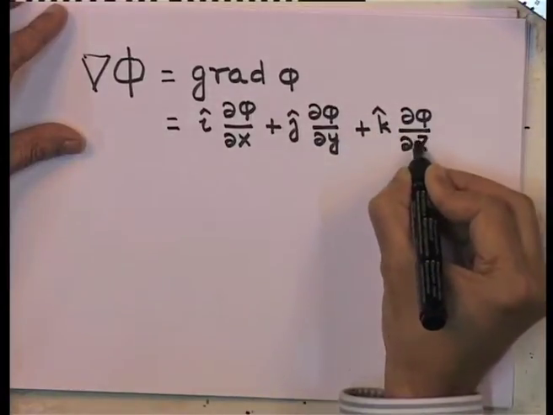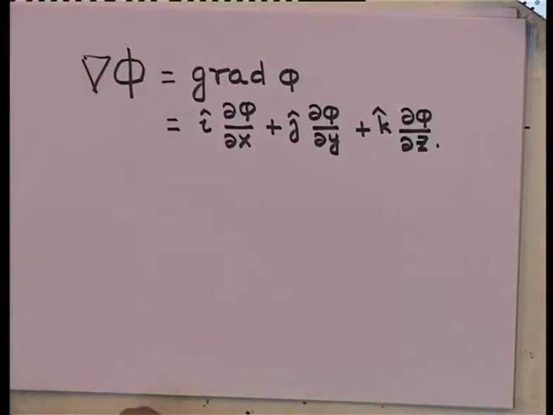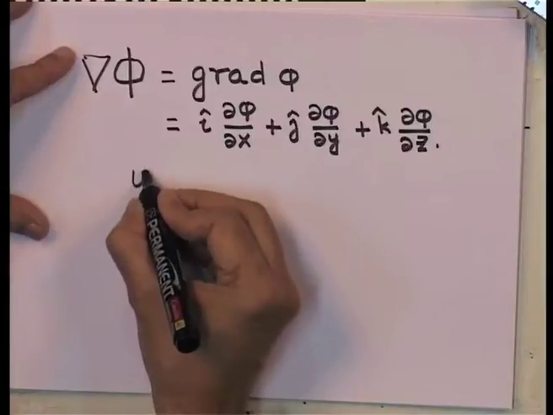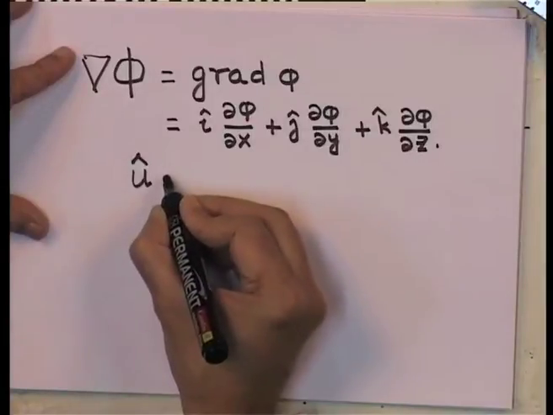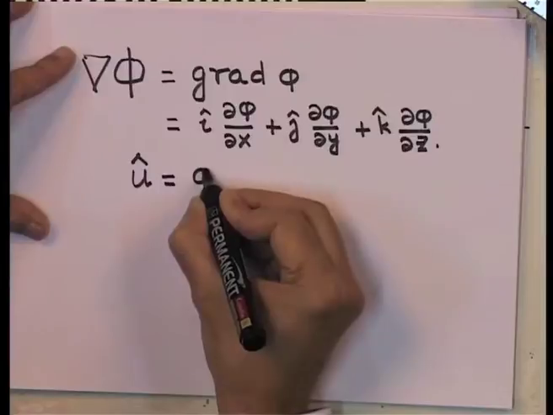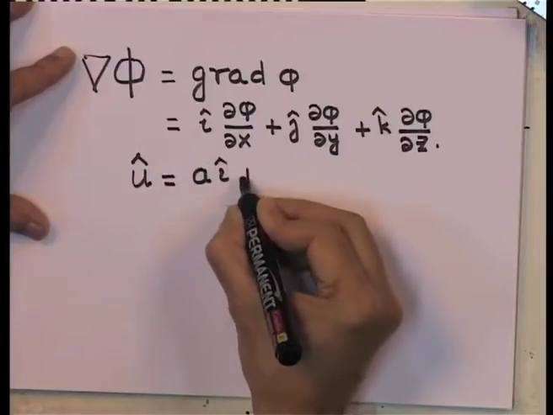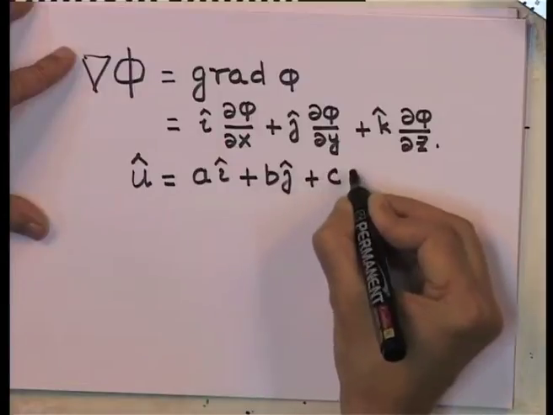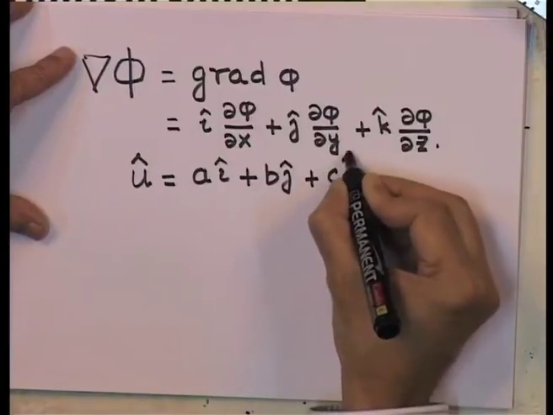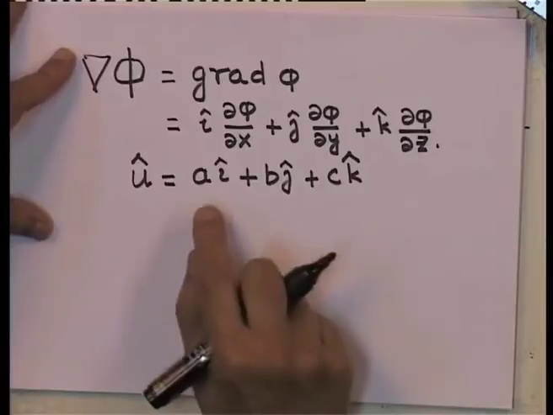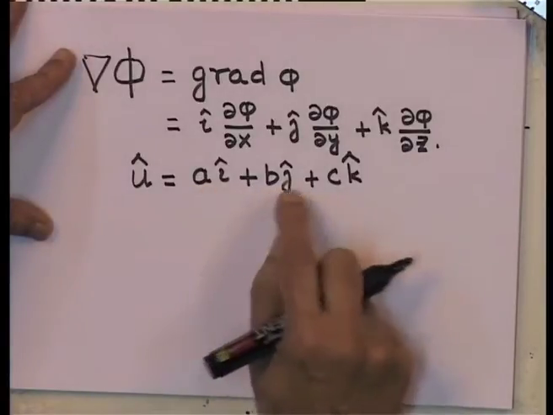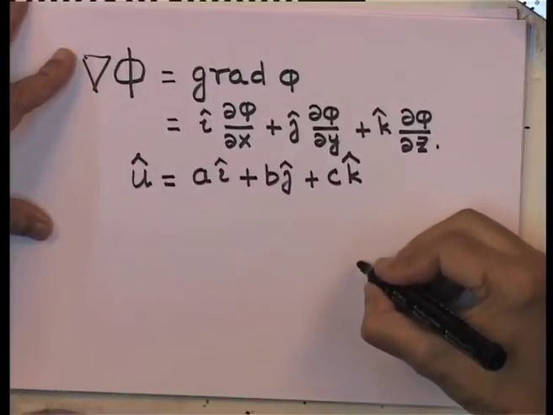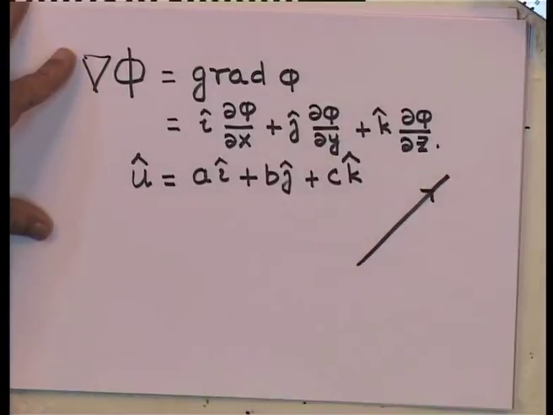So, let us suppose I have a unit vector u, which has components a i plus b j plus c k. Remember, I have said u is a unit vector. In other words, the square root of a square plus b square plus c square must be equal to 1. So, let us just represent it by a vector like this.